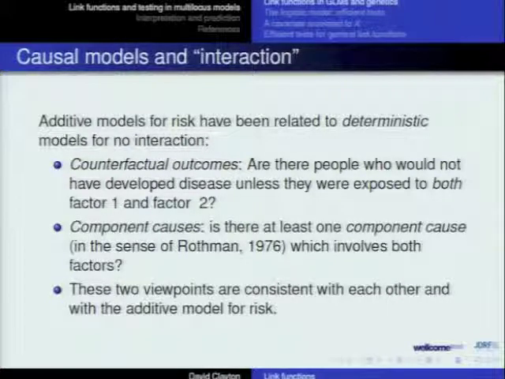And there's a literature on that, but for here, that doesn't really matter very much. The important point, I think, is that the additive model does essentially have an interpretation in terms of independent actions.